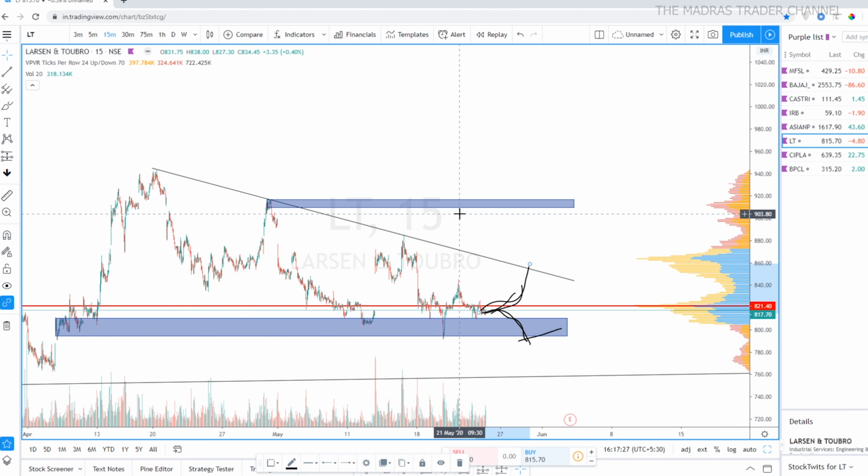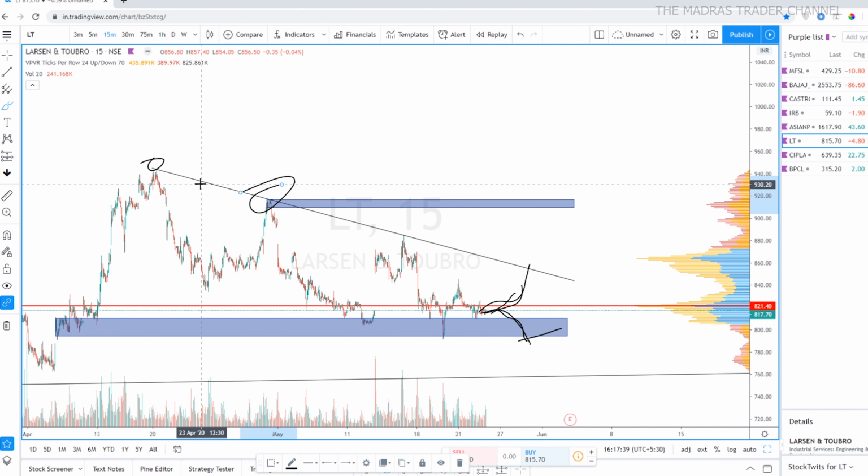Another important thing is, if you notice, there are two rejections at the top. One is this one and another one is this one. But I would say this is a way stronger rejection than this. Any reason why? Can you guess?